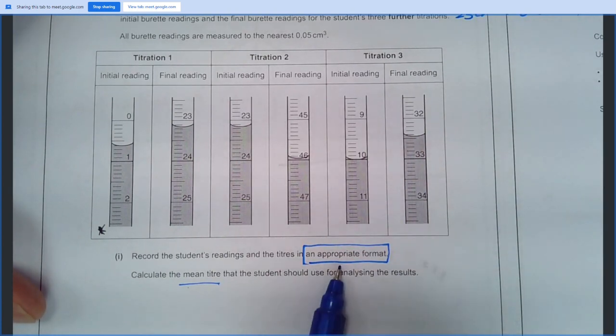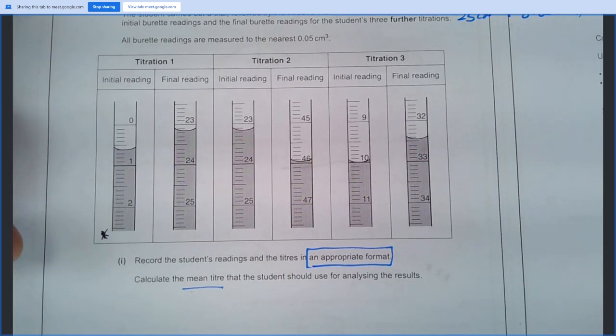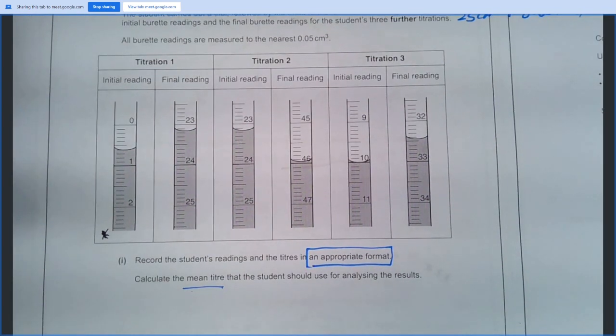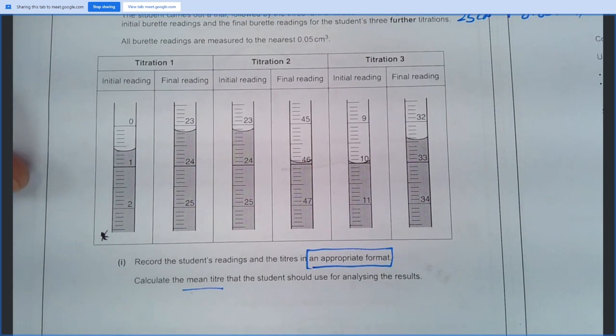Now, when it comes to the appropriate format, Uzair, what will it look like? This is what I'm asking you. When you did this experiment in school, what did you do before you started the titration? You must have drawn a table. And what did you do in that table?